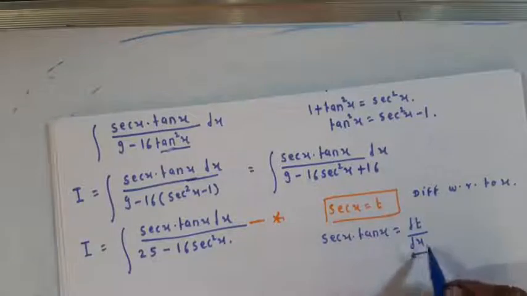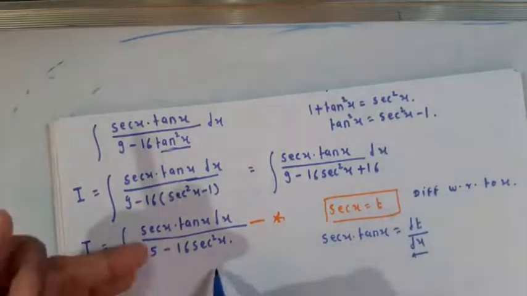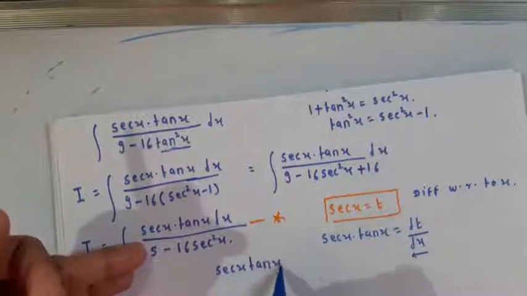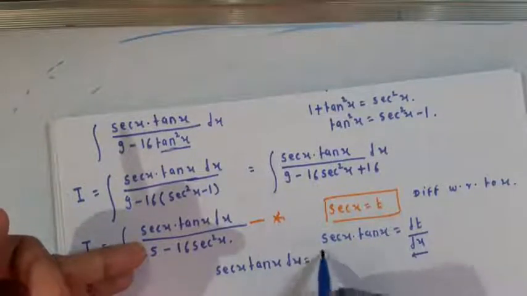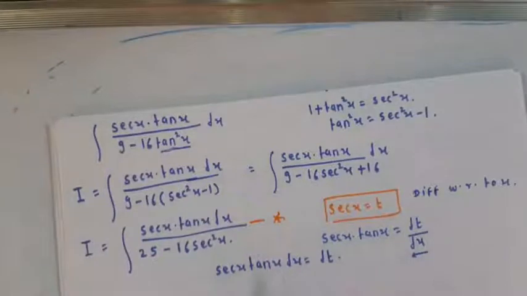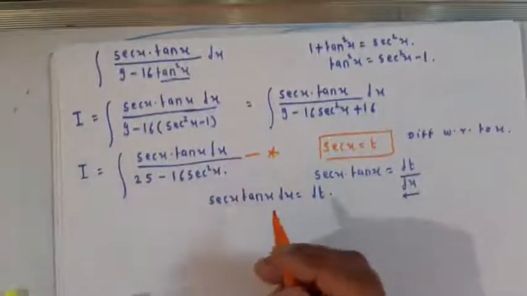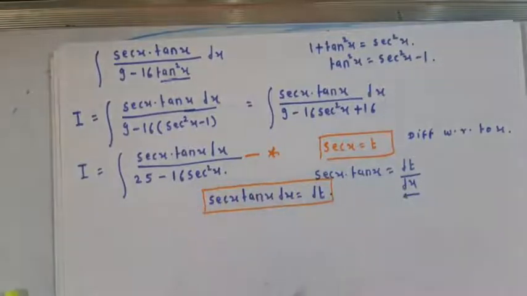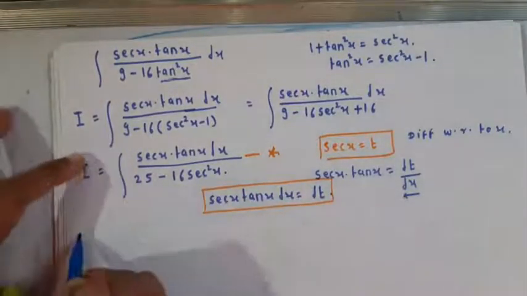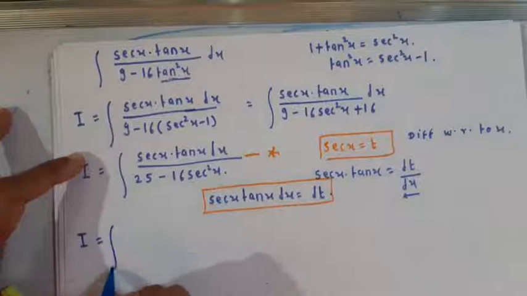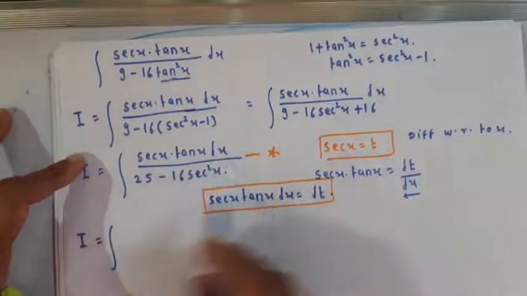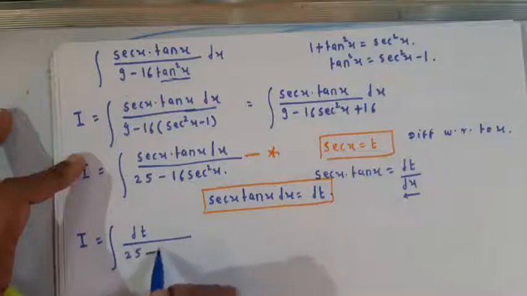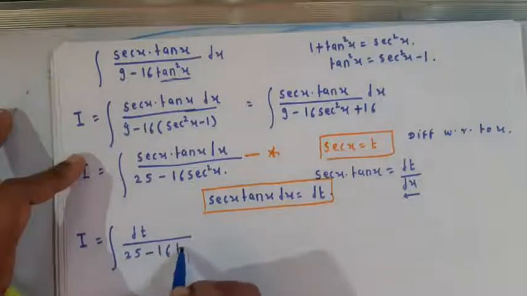Shift this dx to that side, we will get sec x tan x dx equal to dt. Okay students, and now put the value in the given integration. The integration I equal to dt upon 25 minus 16 t square.